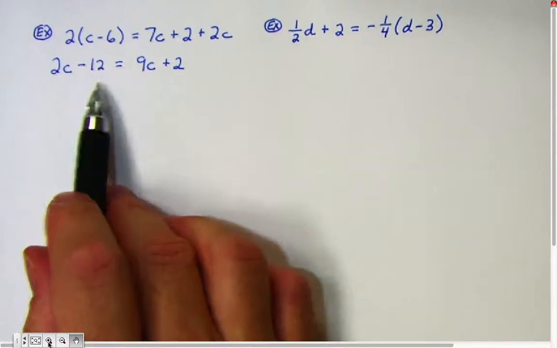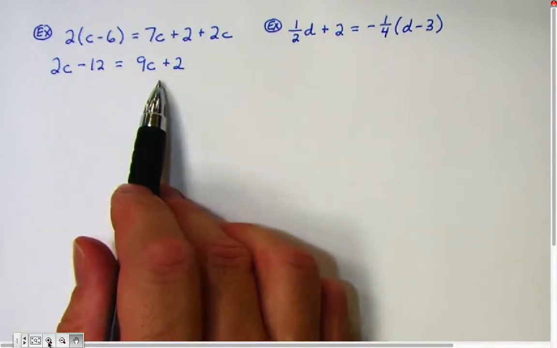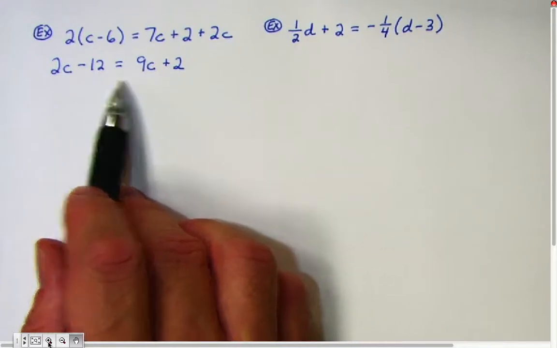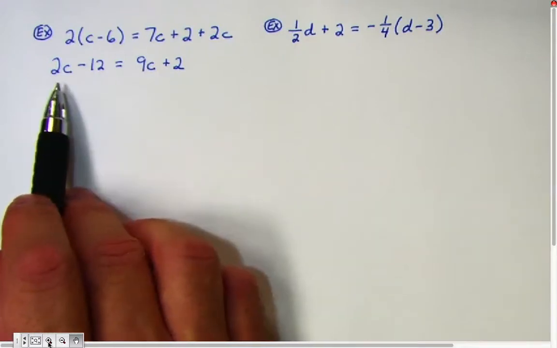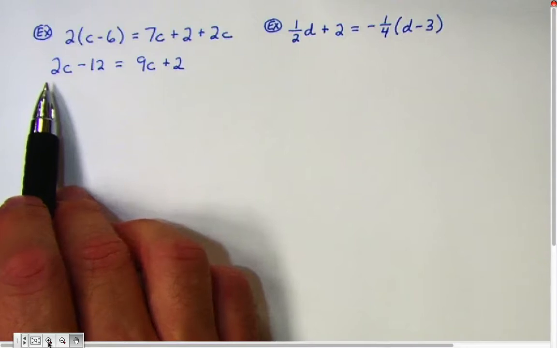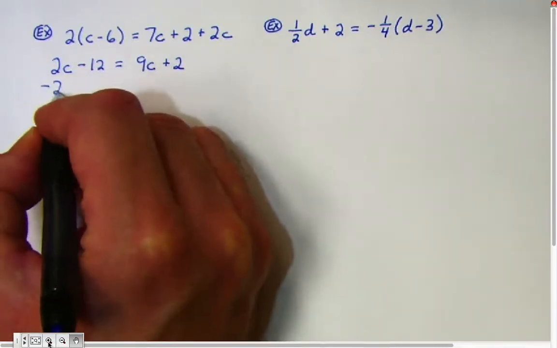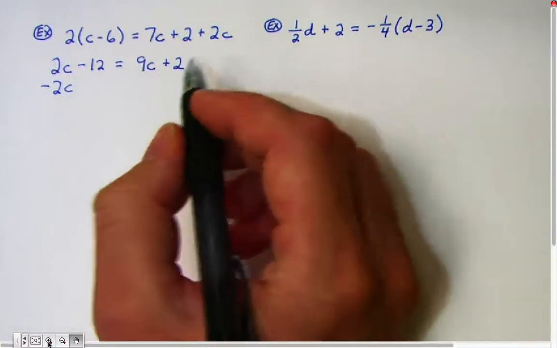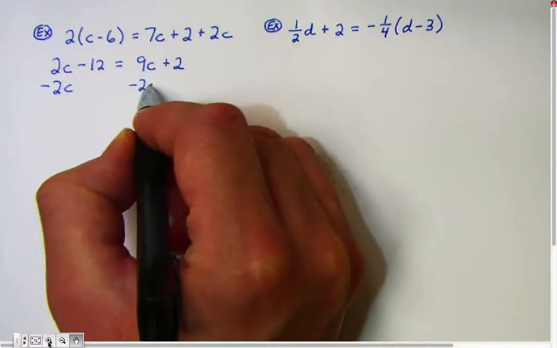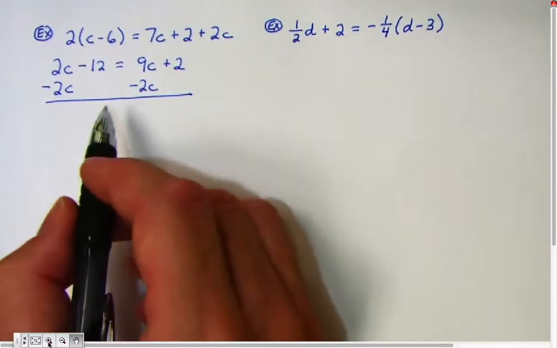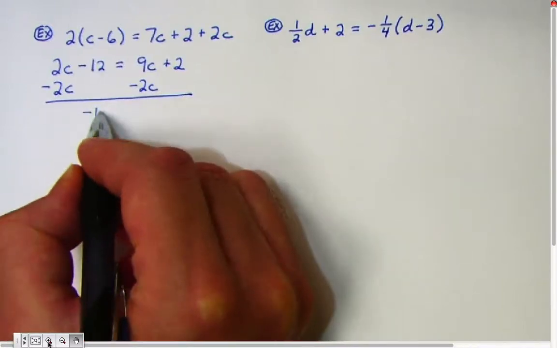Now each side of the equal sign is simplified, and we need to look for the term that has c in the lowest coefficient. Well, here we have 9 and here we have 2, so we're going to do the opposite of adding 2c. We're going to subtract 2c because 2 is smaller than 9. That leaves us with negative 12 here.